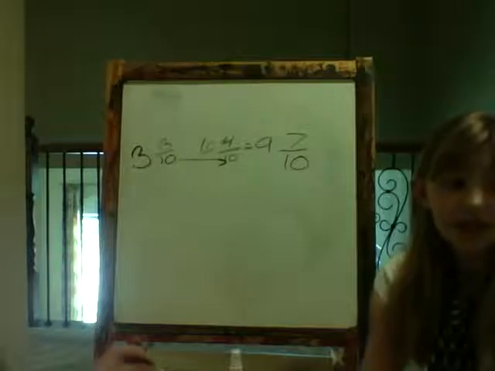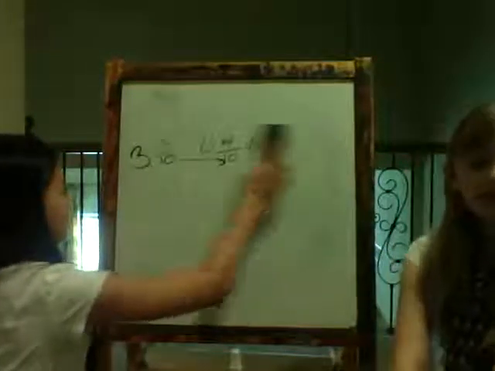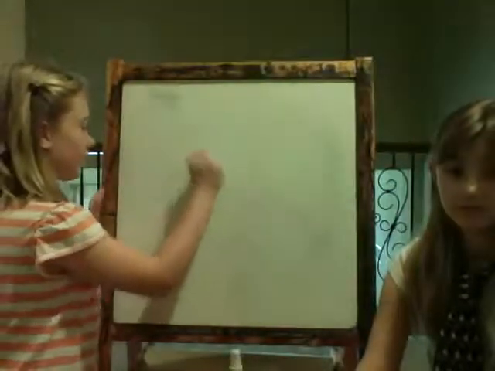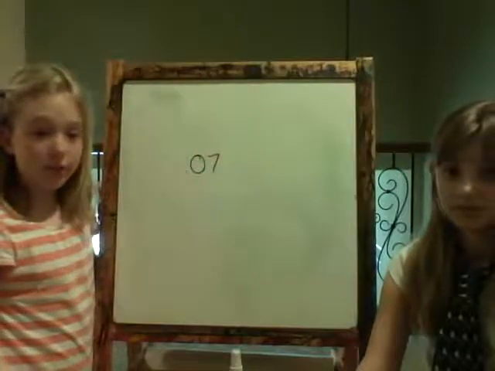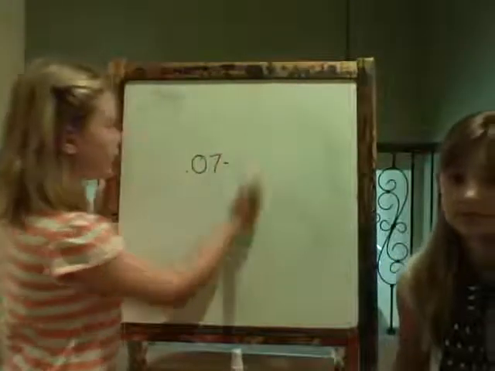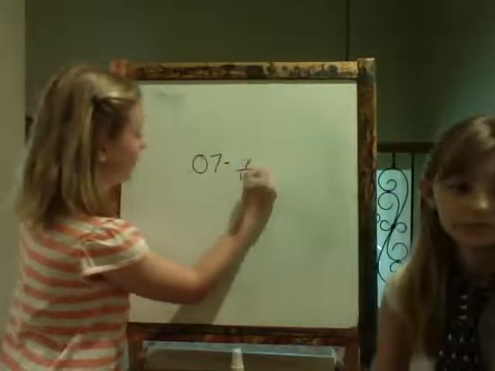Absolutely. If you have 7/10, my bad, how would you convert that to a decimal? Well, if you have 7/100 as a decimal, and you convert it to a fraction, it would be 7/100.